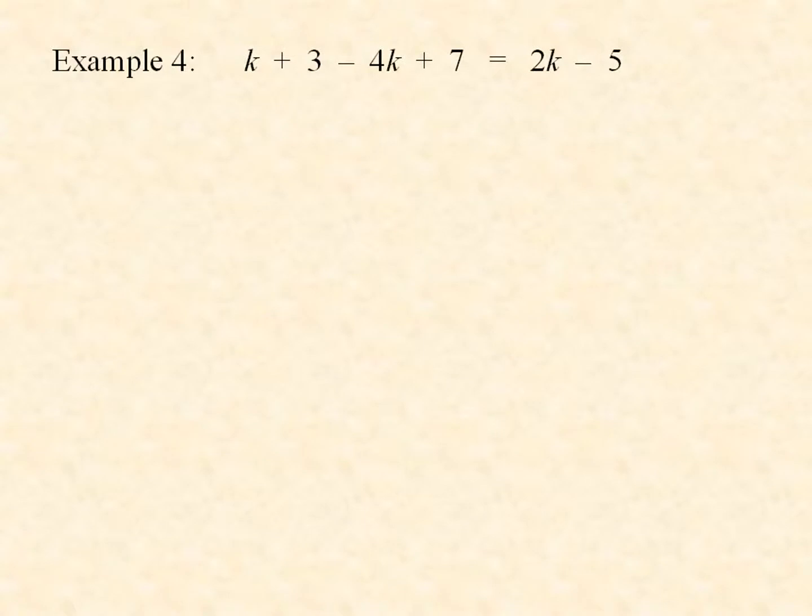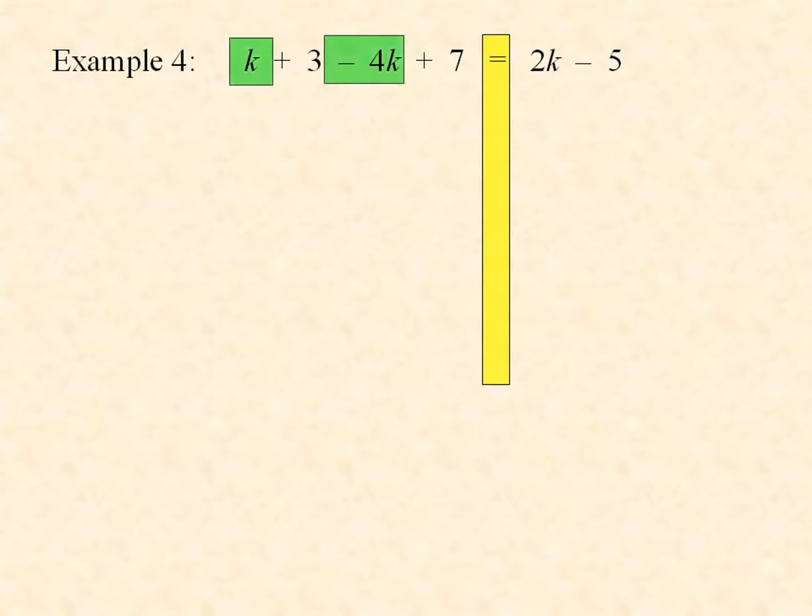Another example. K plus 3 minus 4k plus 7 equals 2k minus 5. Again, we identify the equal sign so that we can pay attention to the left side and the right side. The right side can't really be simplified, but the left side has a whole bunch of like terms that can be combined.